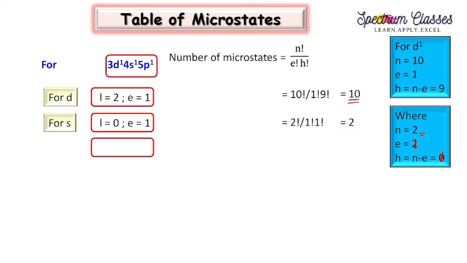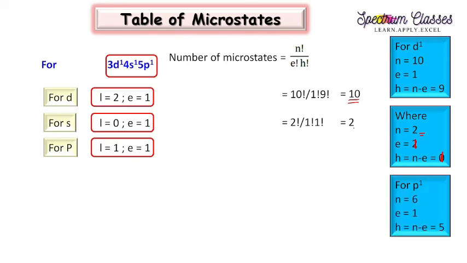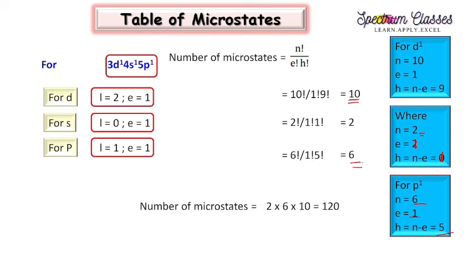So putting these values here, we are getting 2 factorial divided by 1 factorial equal to 2. And now coming to the p1 electron. For the p1 electron, maximum occupancy is 6. 1 electron is there, so number of holes is 5. So on solving this, we are getting 6. So on multiplying all three, we are getting 2 into 6 into 10. This gives us 120 microstates.